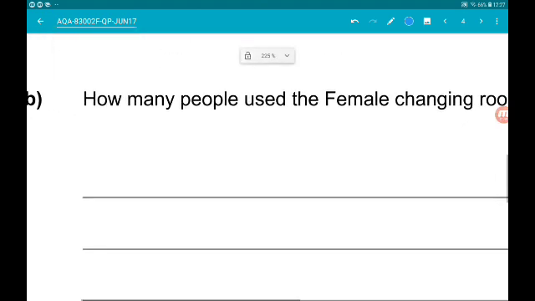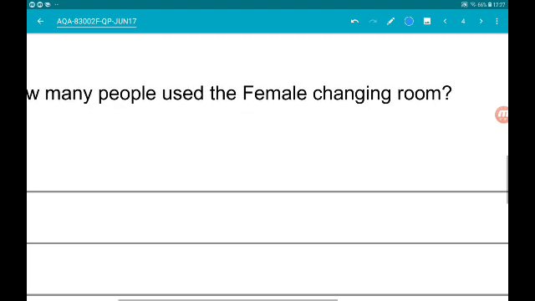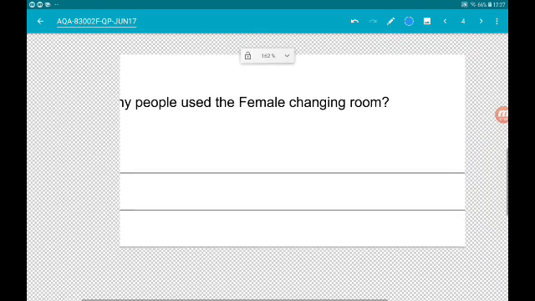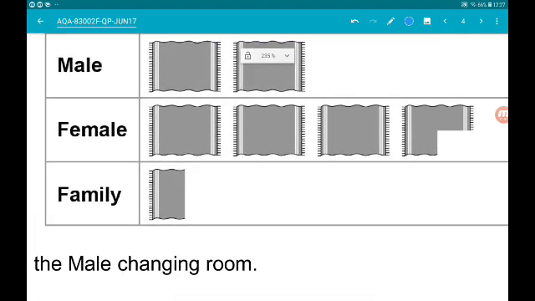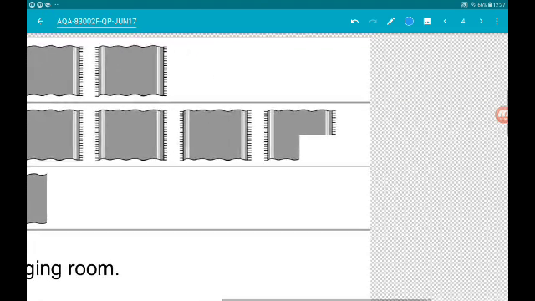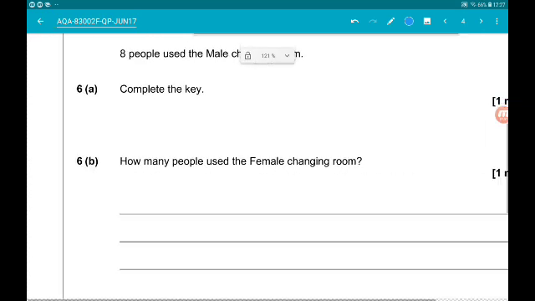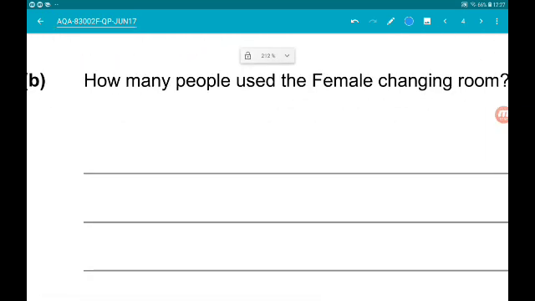Part B. How many people used the female changing room? Okay, so we've got 1, 2, 3 whole towels. So that's 3 times 4, which is 12.